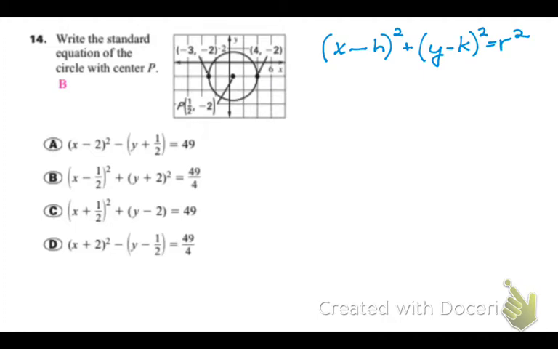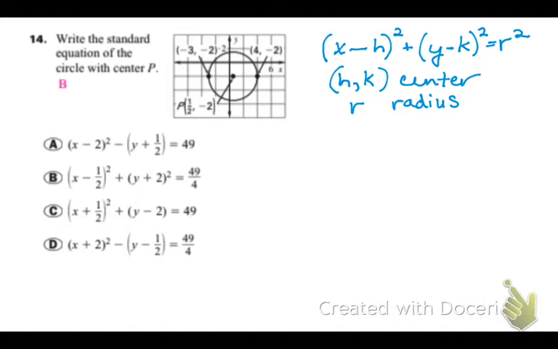And h and k are going to be the center. Okay. And r, as always, is equal to the radius. So they give you a circle, and then they give you a selection of possible equations, standard equations, and you have to pick which one is right.